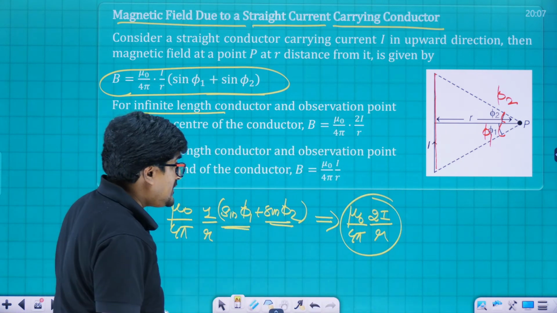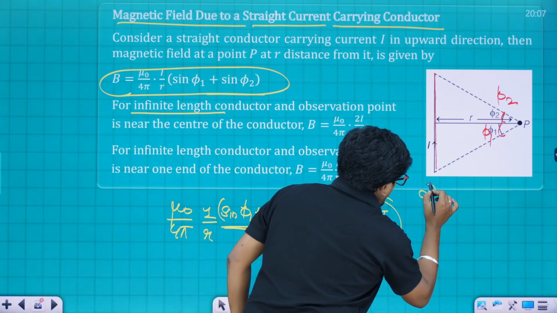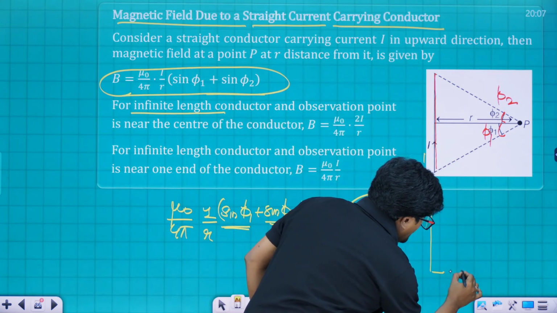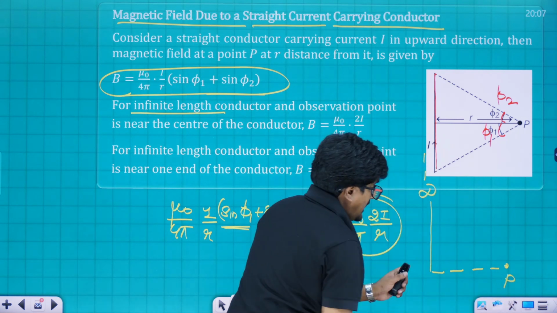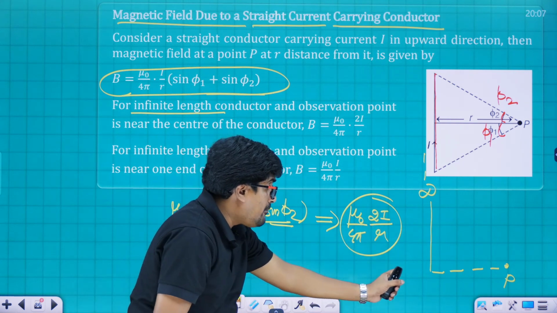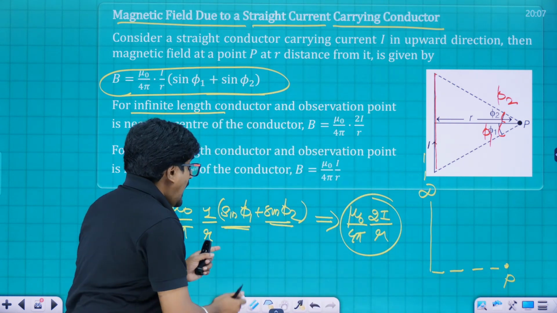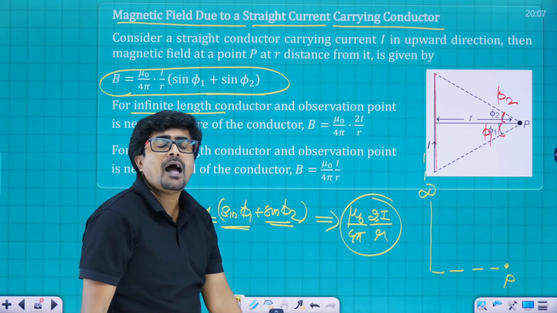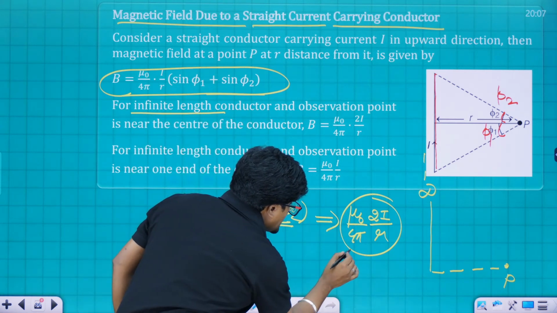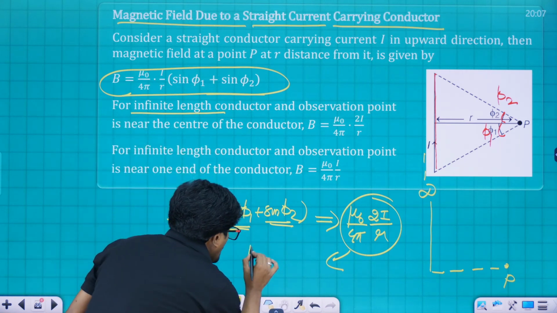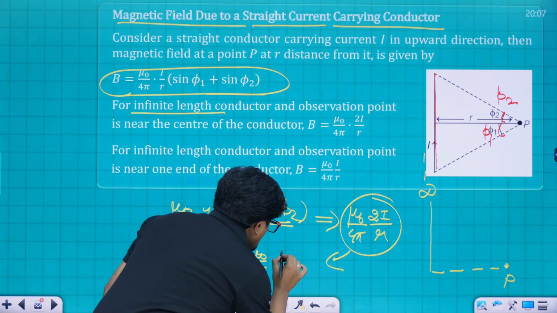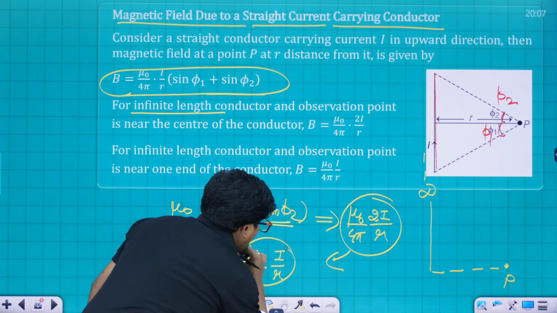And if it is a semi-infinite wire, that means one edge is going till infinity, and we are asked to find out the magnetic field at a point at a perpendicular distance from one edge of the wire, there I can take sine theta 2 as 1 and sine of theta 1 is going to be 0. So the same expression gets modified as mu naught divided by 4 pi. This time it's not going to be 2 times I, it's only going to be I upon r.